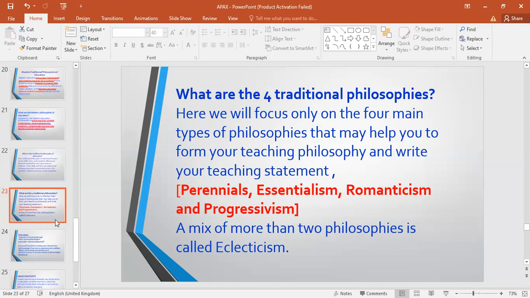A mix of more than 2 philosophies is called eclecticism. There are 4 traditional philosophies. Keep those philosophies in your mind as examples, because when you are teaching a lesson or a practical subject, you have to focus on these 4, or at least 2.